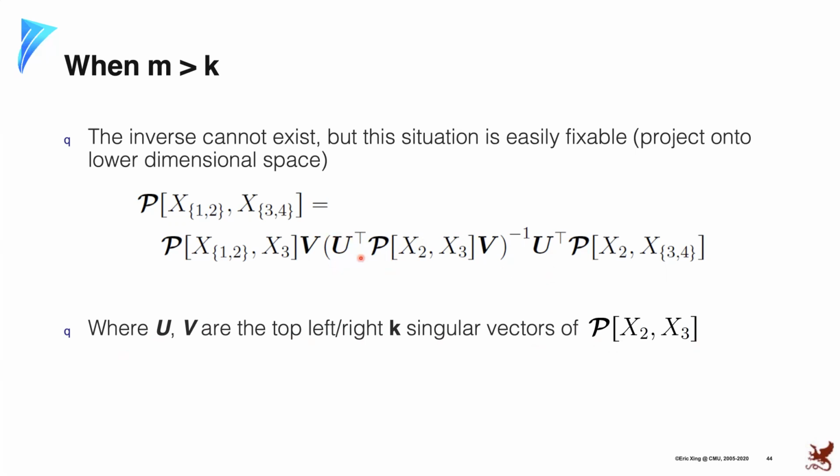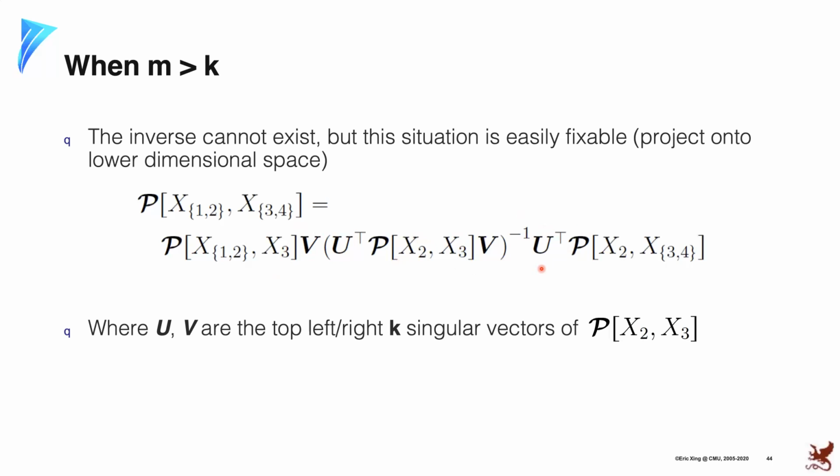This will generate a k by k matrix instead of m by m, and then we can take the inverse, and finally we multiply back U and V and U transpose. You can very easily verify that if you multiply this part with the original P(x2, x3), it will give you the identity matrix. So this dimensionality reduction can help us deal with the issue where m is greater than k.